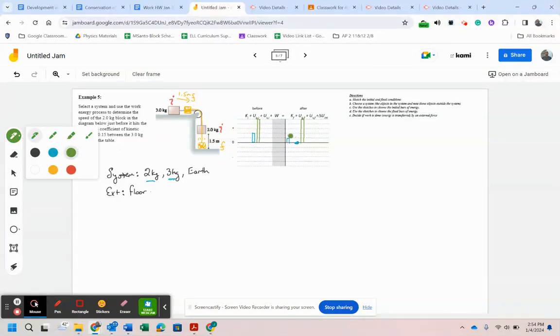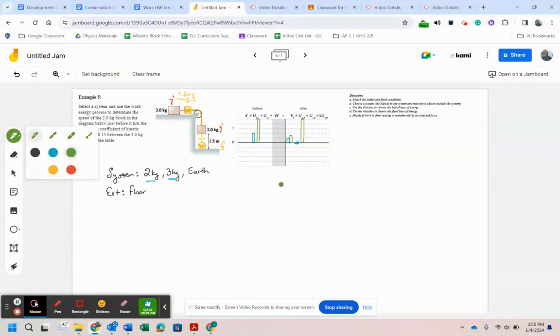Now, as this process occurs, both objects will gain kinetic energy. So they will each have some kinetic energy. And since they'll have the same speed, it'll be proportionally 2/3. The 2 will have about 2/3 of that of the 3's. And we have then work that is being done by friction.